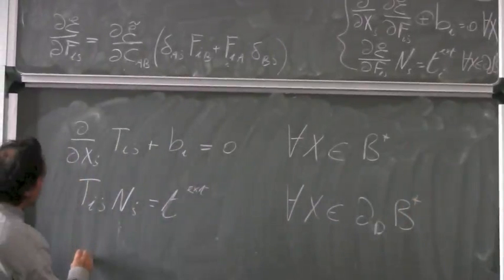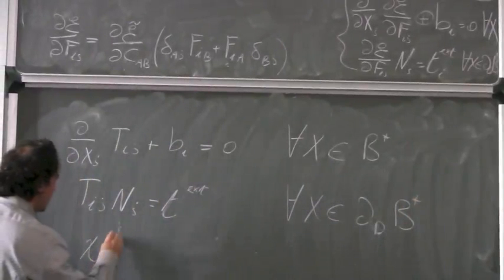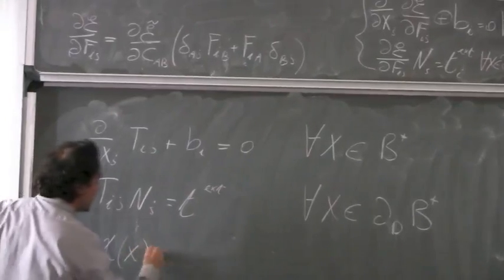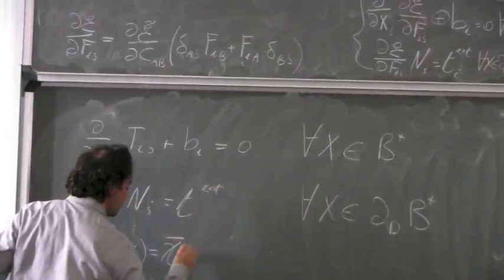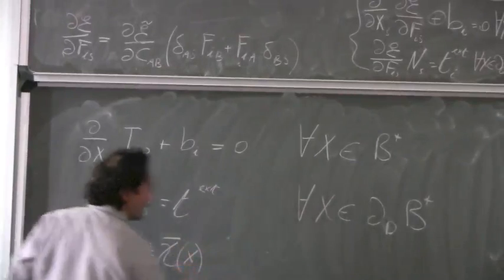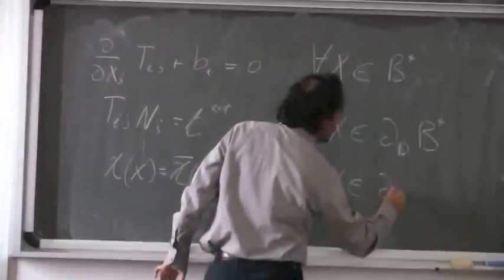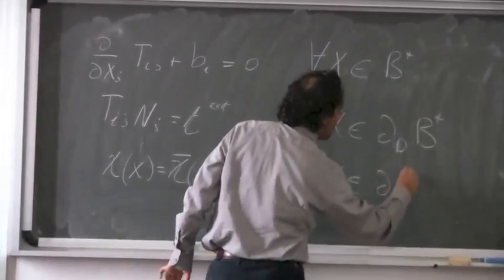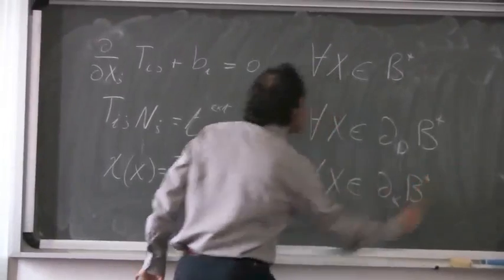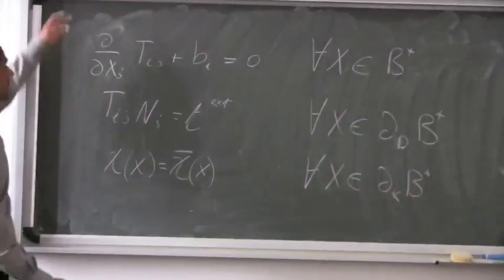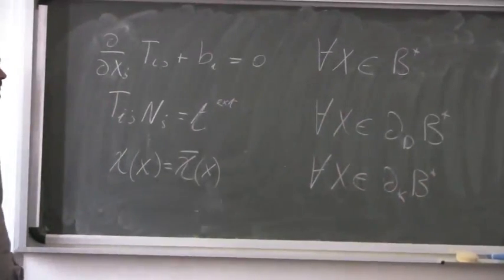And then T of x is assigned for every x belonging to the kinematical part of the surface of B star. And this is the partial differential equation.